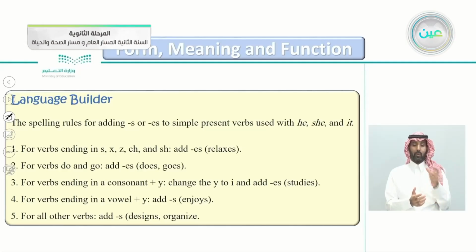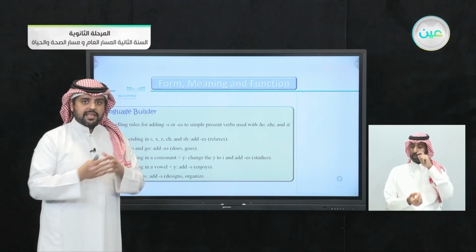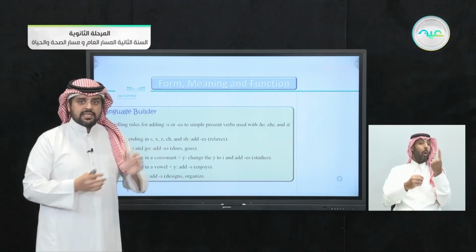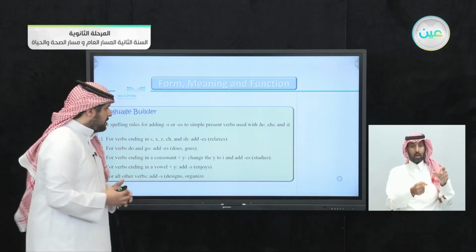Here's a language builder for you, more information. The spelling rules for adding s or es to simple present verbs used with he, she, and it. So when you use the simple present with he, she, or it, we add s or es. So these are the rules, and we'll be studying them now.